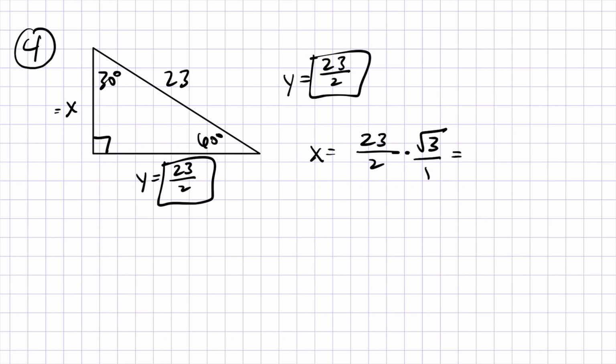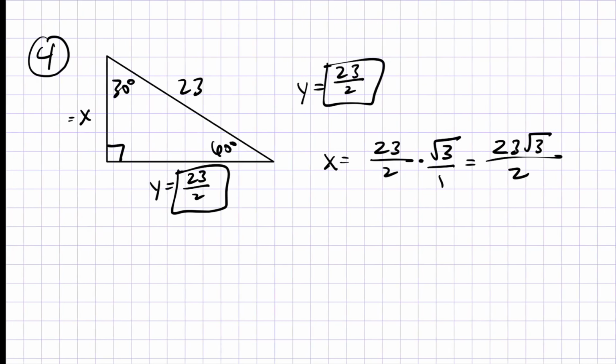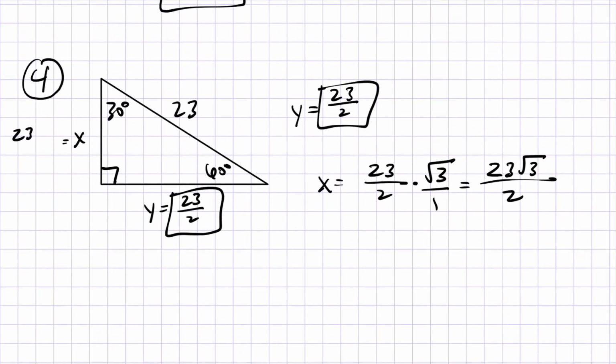Since it's a fraction, I'm going to put it over 1, since every number's got a denominator of 1. Multiply straight across. The 23 and the 3 I can't multiply because one's on the inside and one's on the outside. And then the 2 here. 23 root 3 over 2.